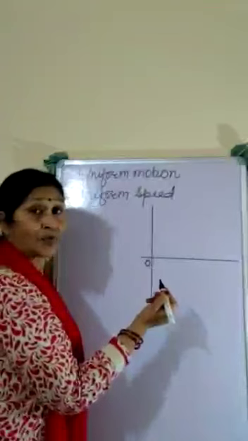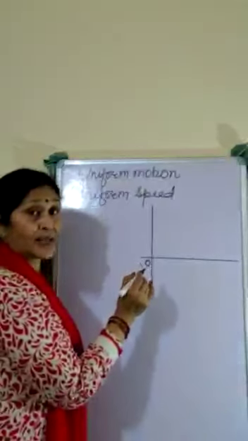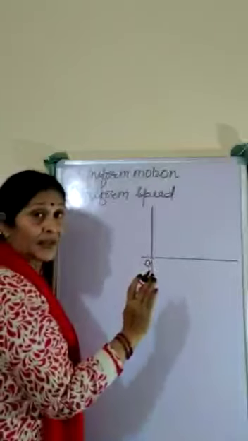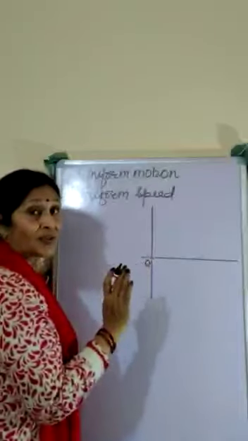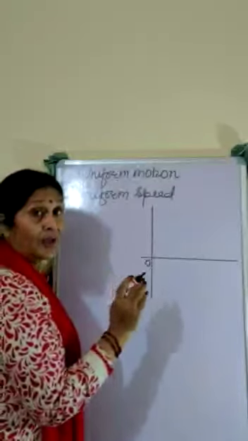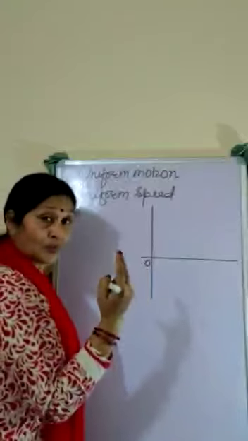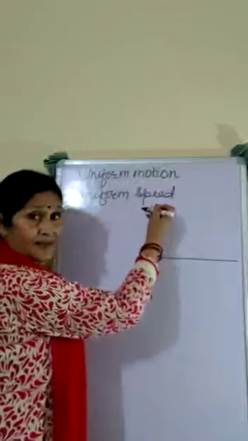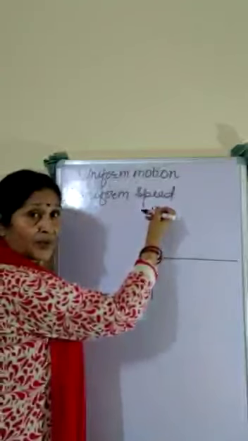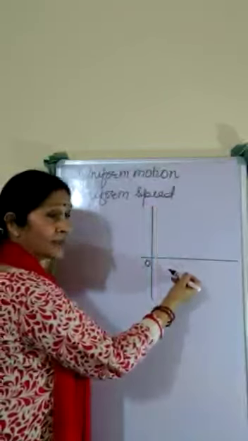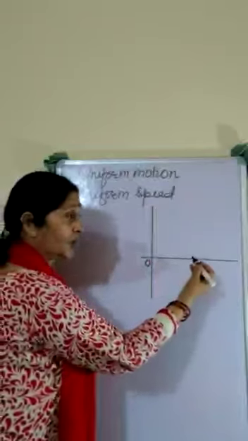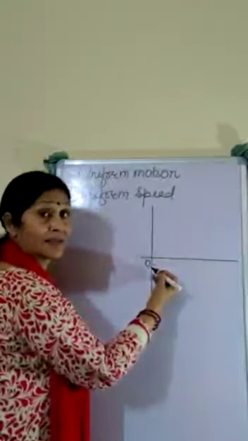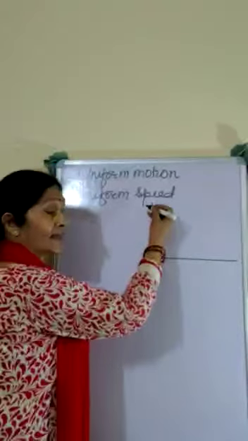We have to show that the body is at rest, which means the distance of the body from a reference point is not changing with time. Here two physical quantities are involved: one, the distance of the body from the reference point, and another, time. We will plot time on the x-axis and distance traveled on the y-axis.